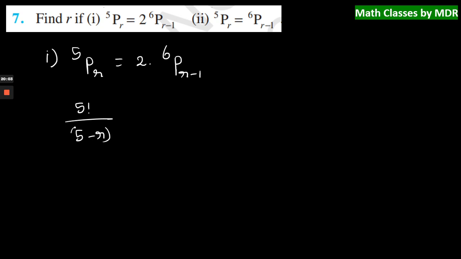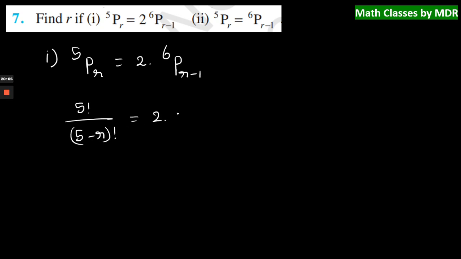Find r if 5Pr is equal to 2 times 6P(r minus 1). So it is just similar to the previous problem. 5Pr is nothing but 5 factorial by (5 minus r) factorial we have here.